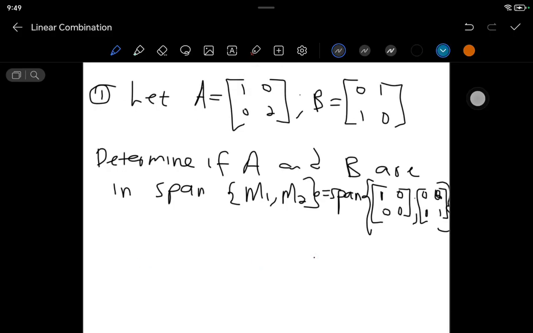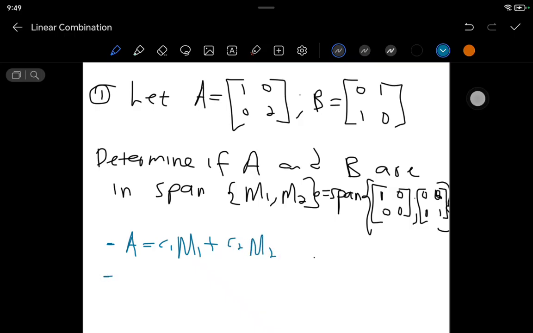For us to determine if A and B are in the span of M1 and M2, we need to check if A can be expressed in this format. Let's say I take some scalar 1 with M1 plus scalar 2 with M2.